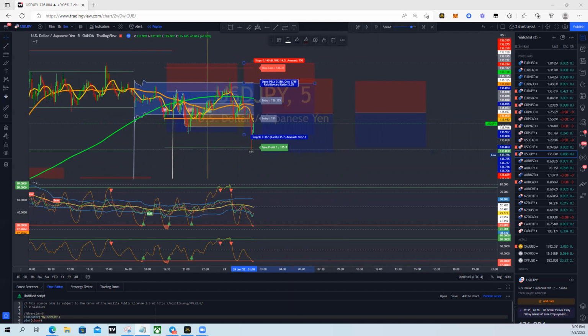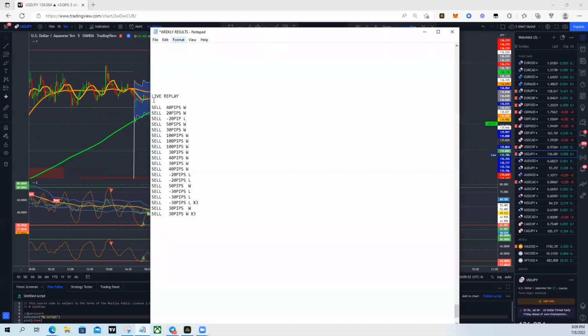So I'm going to bring this over so you guys can see what I'm looking at. These are the trades that we took. So we took a sell, 40 pips, 20 pips, 20 pips, 50 pips.